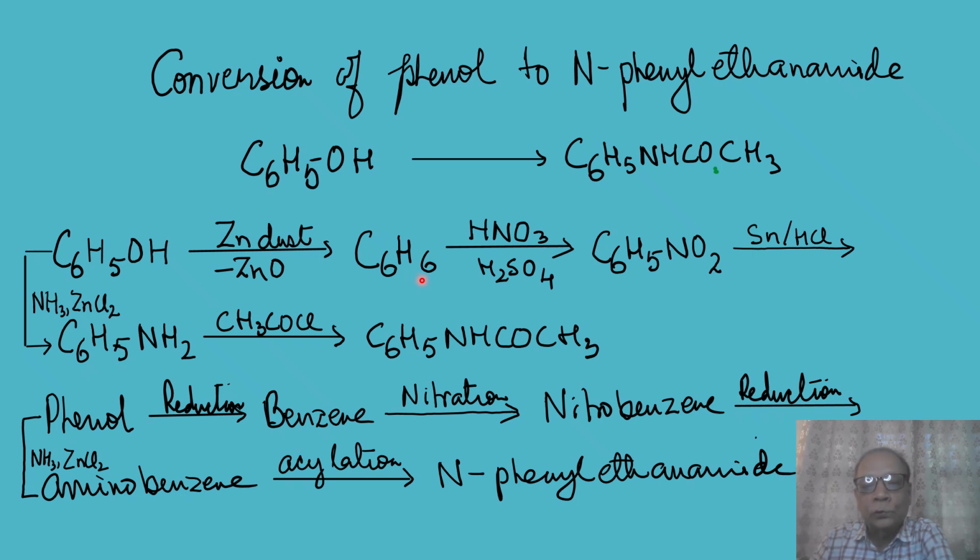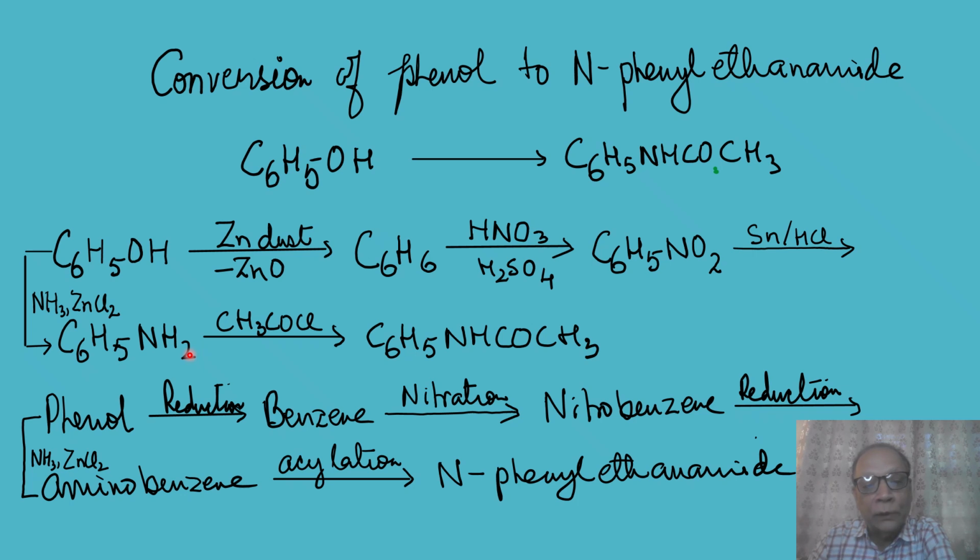The next step is to nitrate benzene using nitrating mixture, concentrated nitric acid and concentrated H2SO4 in the ratio 1:1 to supply nitronium ions. Benzene is converted to nitrobenzene. Now this nitrobenzene is reduced using tin in concentrated HCl mixture and we get aminobenzene.